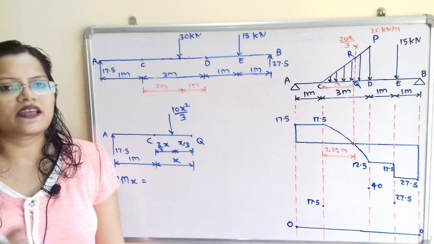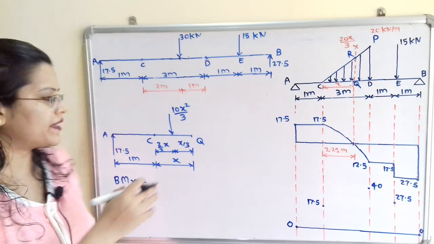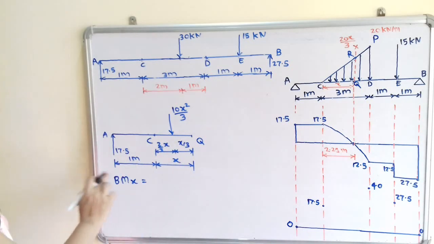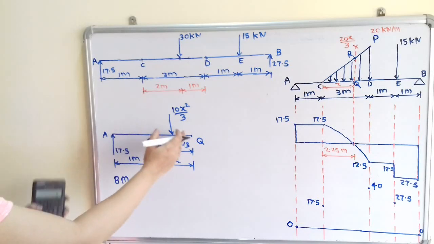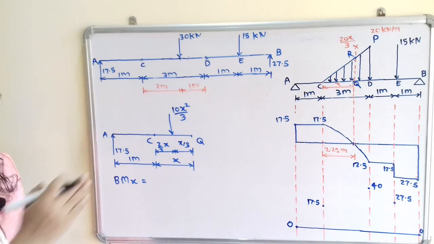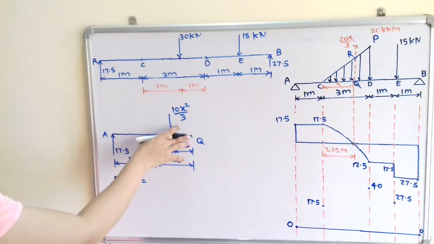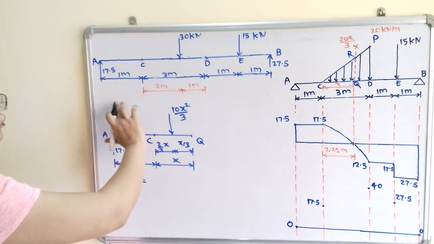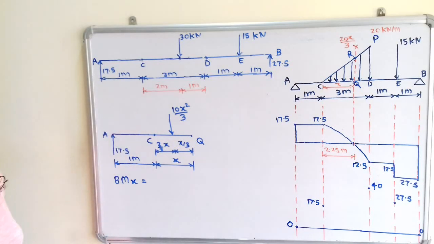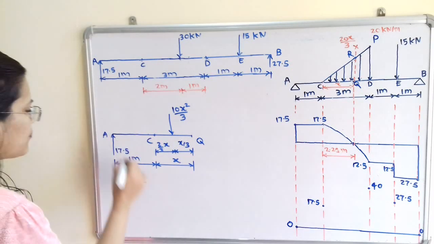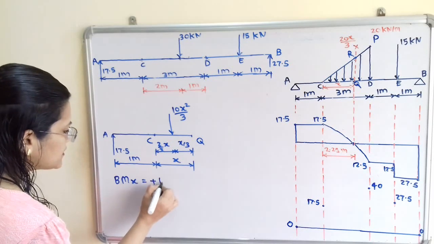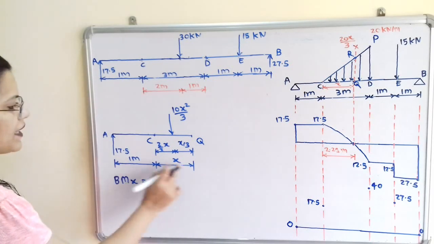Now from this diagram we will calculate bending moment at a distance x. So how to calculate this? We will take the summation of moment of forces which are on the left hand side. Now if I move the compass about point Q in the direction of A, then we will get the clockwise direction. So we will take positive sign, that is plus 17.5 multiplied by the distance.